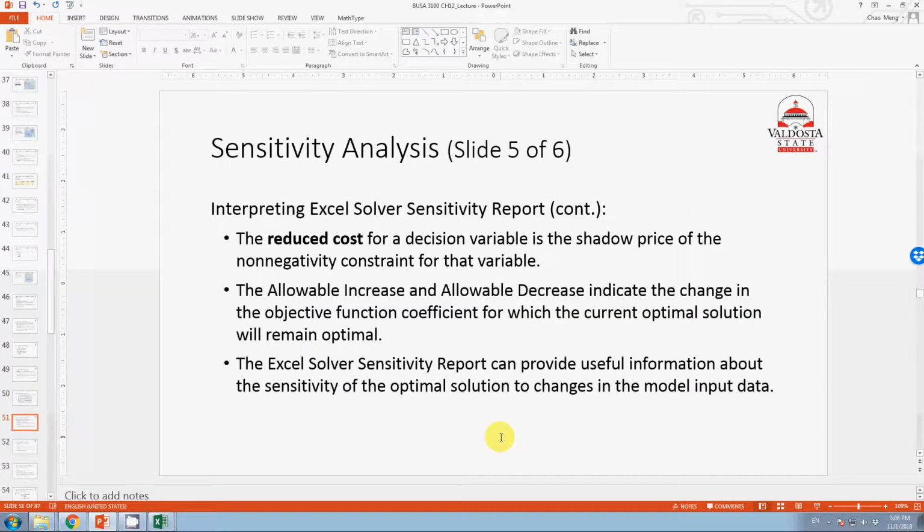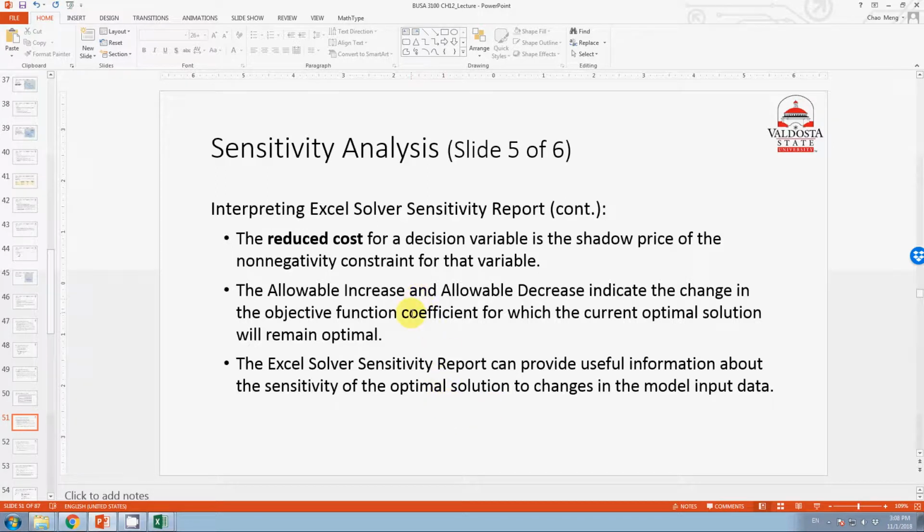And the next one is the reduced cost. We have this kind of analysis for decision variables. The reduced cost for a decision variable is the shadow price of the non-negativity constraint for the variable. And allowable increase and allowable decrease indicate the change in the objective function coefficient for which the current optimal solution will remain optimal.